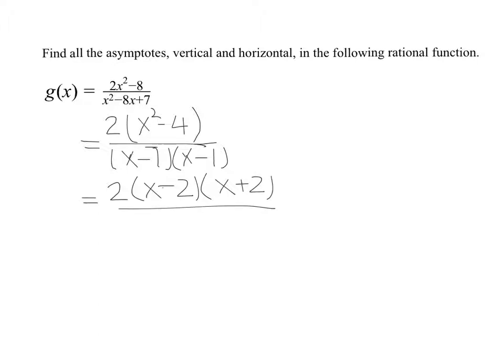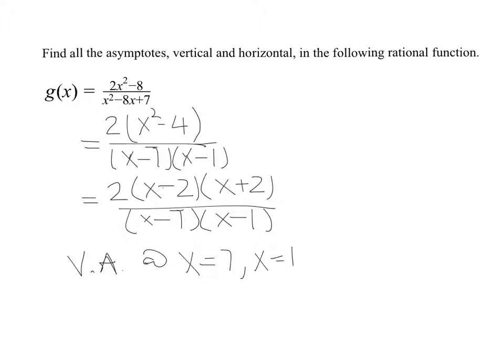And our denominator is still (x minus 7)(x minus 1). If we look, there are no common factors in our numerator and denominator that cancel. So we're not going to have any holes. So we do have two vertical asymptotes, and they're going to be at what makes each set of parentheses 0. So they're going to be at x equals 7 and x equals 1.